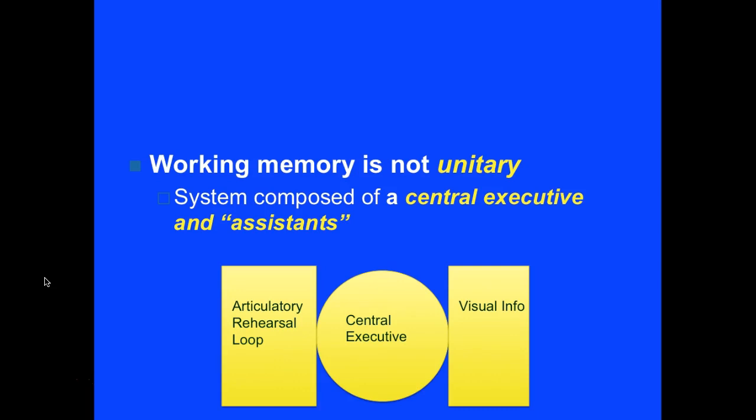And then Baddeley notes that there are two storage systems. For now, let's think about visual information storage and verbal information storage. This makes good sense. Going back to this question of the dual task, we can easily use the visual information space over here, and the verbal information space over here. What we can't do is two different verbal tasks or two different visual tasks simultaneously.